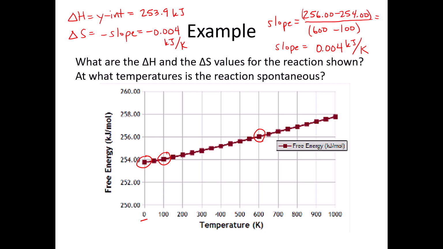Alright, so in this situation we have a positive delta H, which means endothermic, unfavorable. We have a negative delta S, which means less entropy, unfavorable. So if we have two unfavorable characteristics, then this one's going to be never spontaneous.